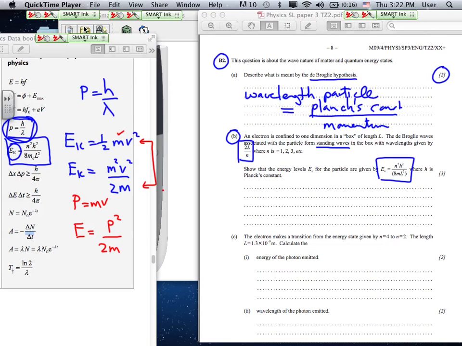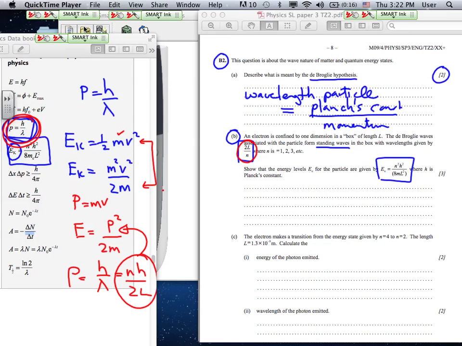Now because your momentum is equal to mv, I can say that Ek is equal to p squared over 2m. Now going to this formula over here, p is equal to h over lambda, I have that my wavelength is given by 2L over n. So I'm going to divide h by 2L over n. Remember, when you divide by fractions, you invert and multiply. So that's going to be nh over 2L. And I can put that in, this is p, into this equation, but I've obviously got to square it.